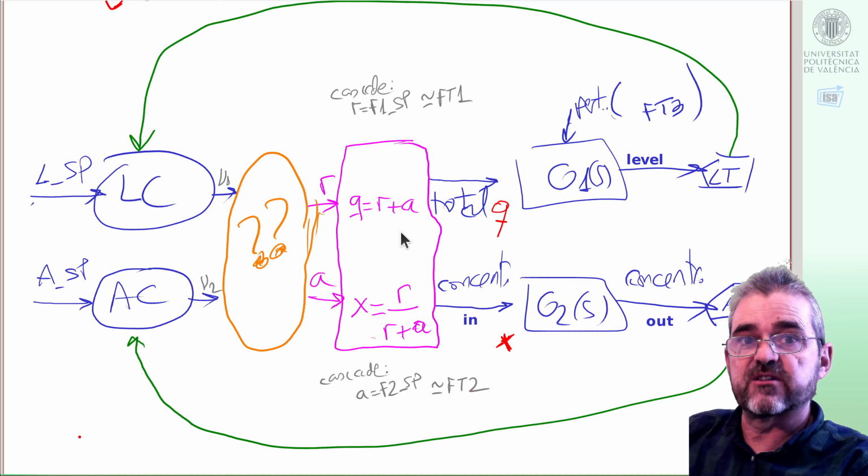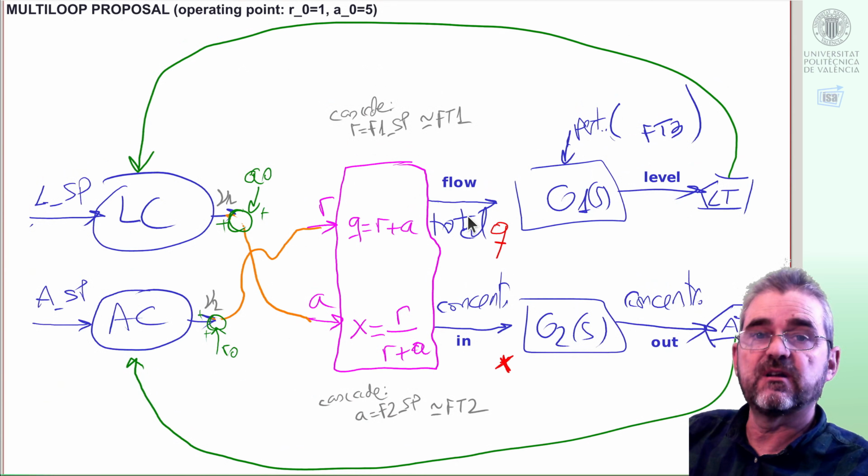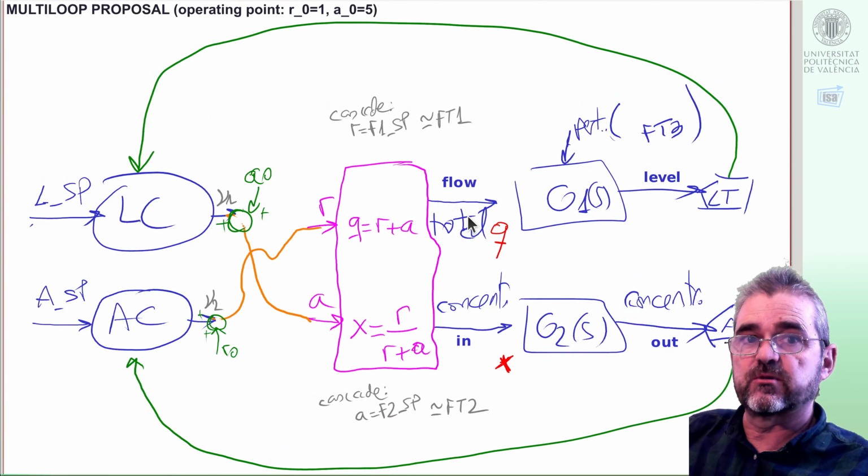In a previous video, we linearized this pink stuff, and based on the obtained transfer function matrix, actually a gain, because the pink stuff is static, we computed the relative gain array and ended up recommending this multi-loop proposal, in which the level controller output will be associated to increments on the water set point, A denotes water flow, and the outlet concentration controller's output will be associated to reagent flow.